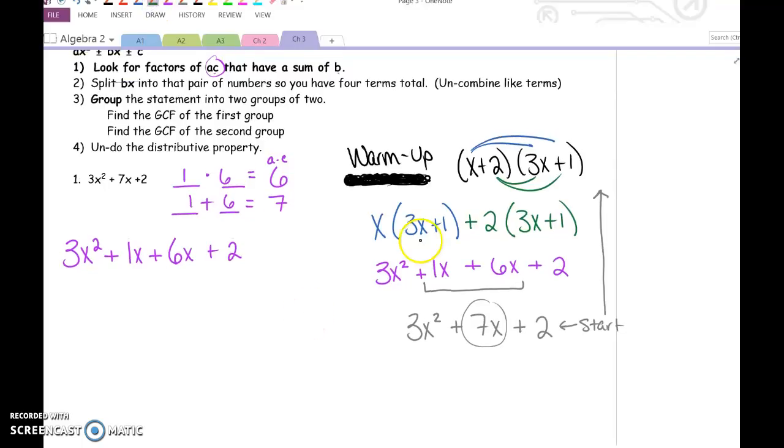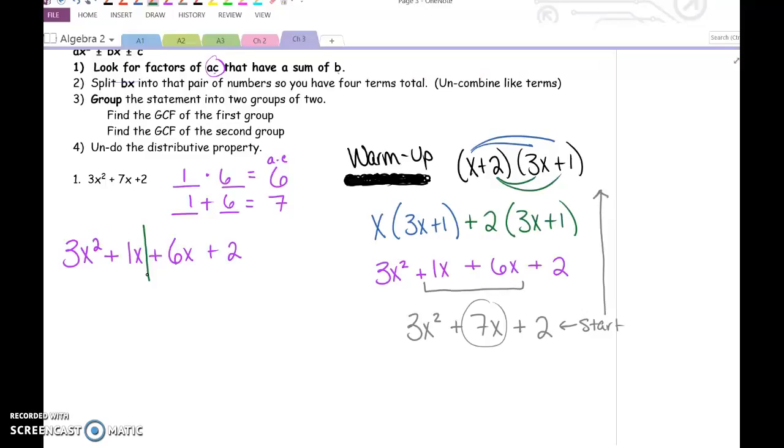Our next step is to figure out how to pull this thing out of the parentheses over here in the second line down. So split this into two groups. We're grouping the statement into two groups of 2. In the first group, find the GCF.